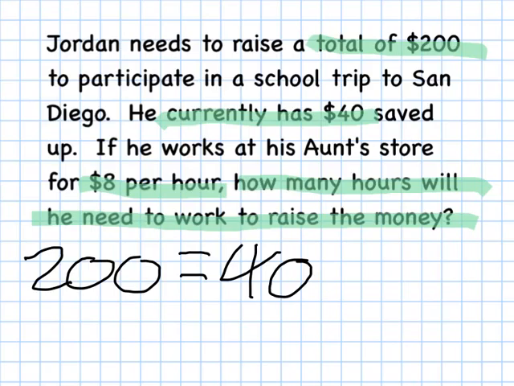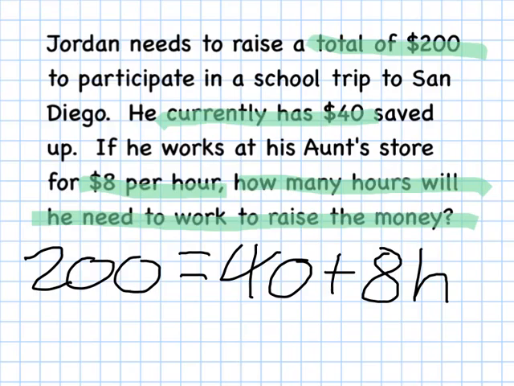So that'll be $8 times however many hours he works. Now we could use the variable x, but let's call it h for hours. That makes a little more sense. Of course that's going to be added to the $40 to make a total of 200.